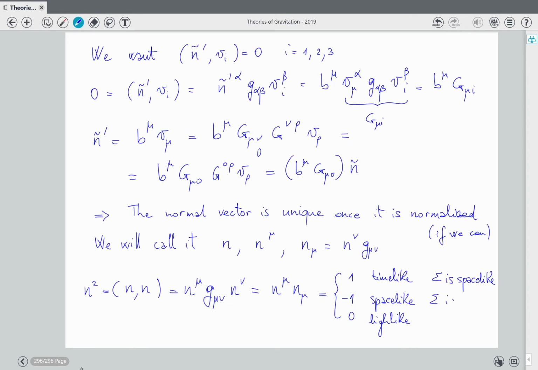In the second case, the surface is time-like. And in the third case, sigma is light-like. Basically, in the third case, n is orthogonal to itself, which is what you may get with Lorentz manifolds. But we will not be interested in the third case from now on. We will only be interested in the first two cases to describe the boundary of our manifold.